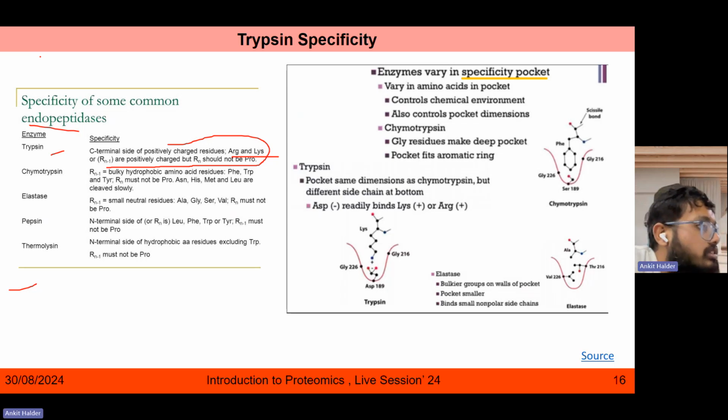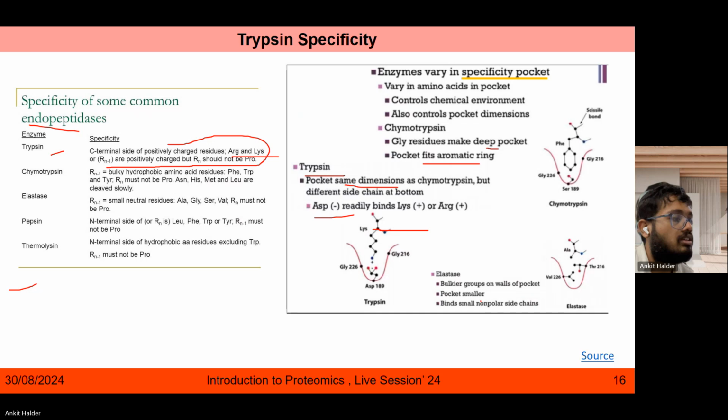So this controls the pocket dimension. If glycine residues make a deep pocket, the pocket fits around an aromatic ring. In trypsin, the pocket is the same under the same dimensions as chymotrypsin, but with different sizes. Aspartate is there, which readily binds lysine or arginine.